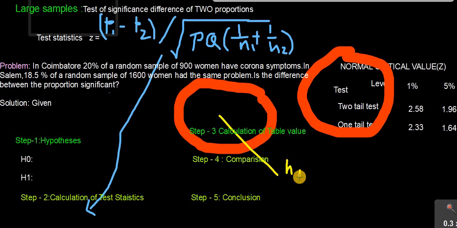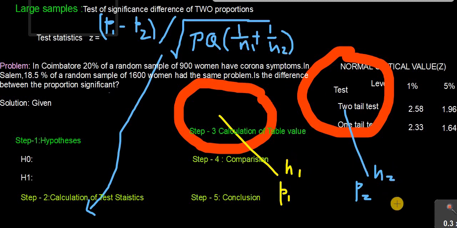The size of the first sample is N1 and its proportion is small p1, and from the second population the sample proportion is p2 and the sample size is N2. So p1 is this one and p2 is this one, N1 is from here and N2 is from here.